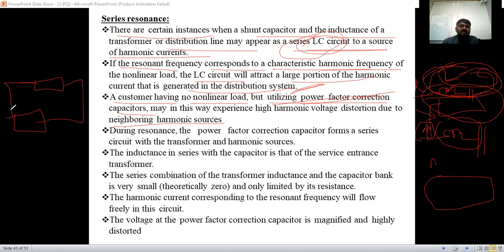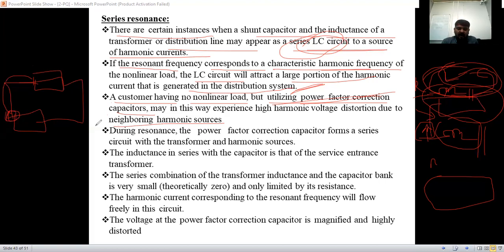Because of this capacitor, what will happen? The harmonics produced in the neighboring circuit are going to be attracted here. It will carry them here.